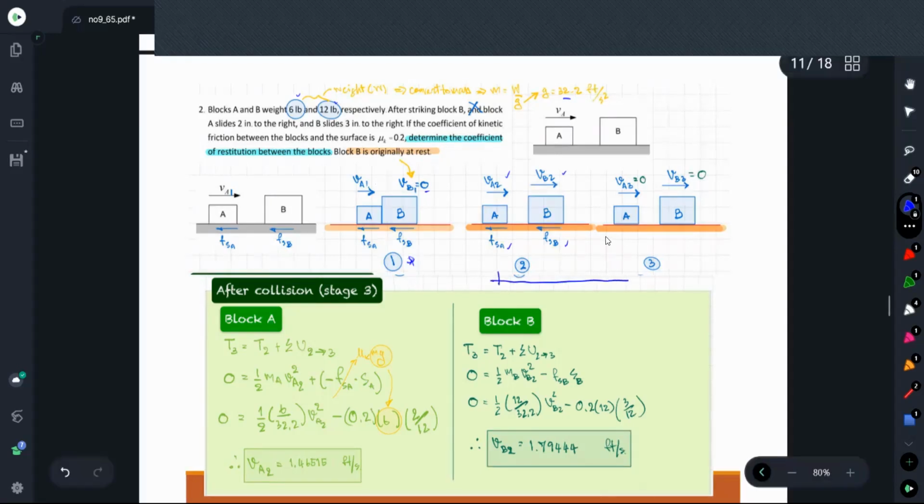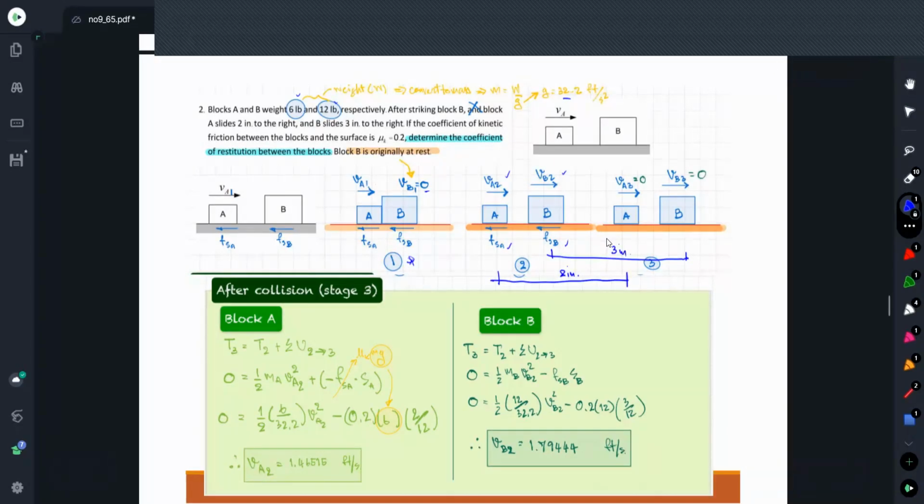We can measure, which is just 2 inches, and block B is maybe 3 inches. So we would like to determine the coefficient of restitution between the blocks.